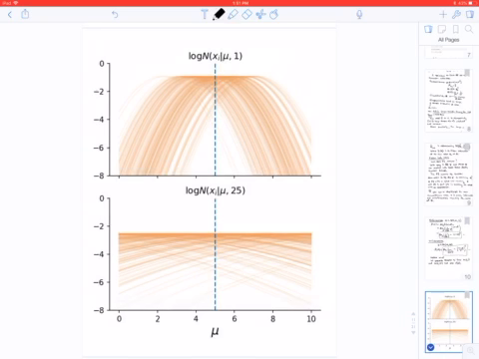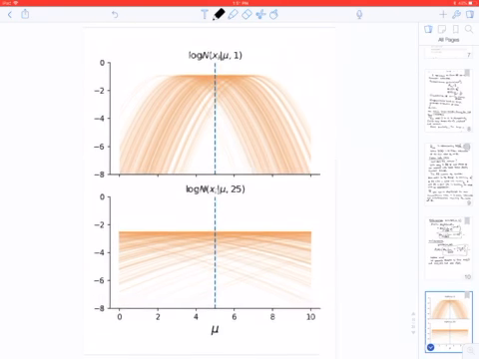In the top one, there's a fairly small range of possible mu values. In the bottom one, it's hard to tell what the peak is for any given curve. There's a wide range of possible mu values.